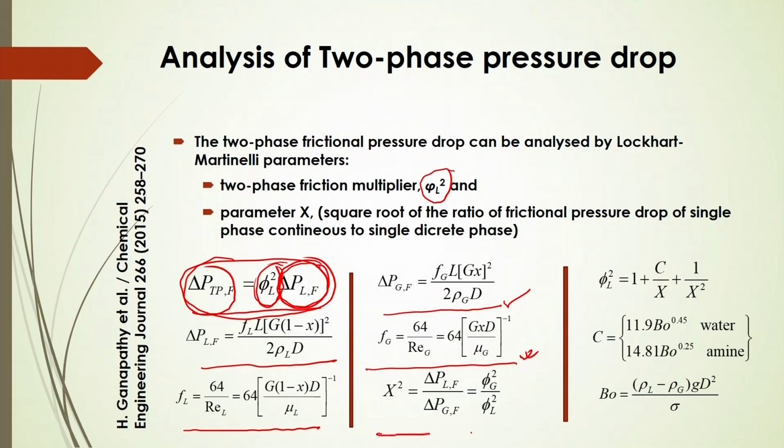And also x square, that is the Lockhart-Martinelli parameter x, is defined as x square equal to delta p LF by delta p GF.